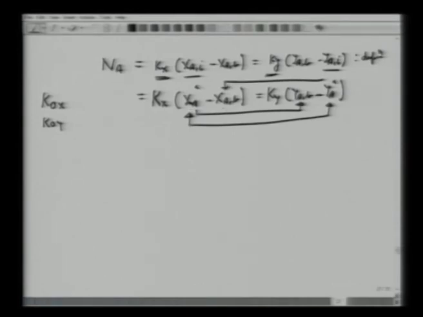In reality, bulk liquid phase and the bulk gas phase, they don't see each other. They are miles apart. We have the interface here. Okay, so we have the bulk concentration of gas and the liquid here. They don't see each other. What they see at the interface is the interfacial concentration, XAI and YAI. But we don't want to use that because that's the interfacial concentration that cannot be measured.